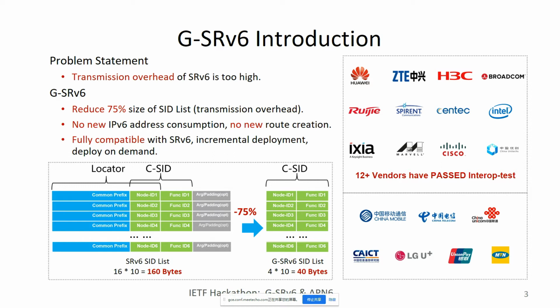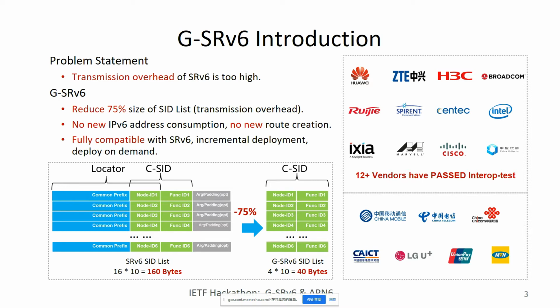So how about G-SRv6? The key point is G-SRv6 can reduce transmission overhead by 75%. That means the size of the SID list is cut down. Moreover, G-SRv6 can reuse the locators of SRv6. That means if you want to deploy G-SRv6, you don't need to apply for new IPv6 address blocks and advertise new IPv6 routes into your network.